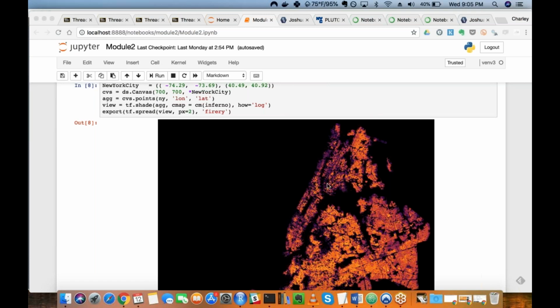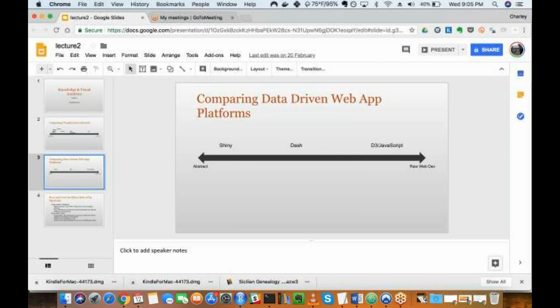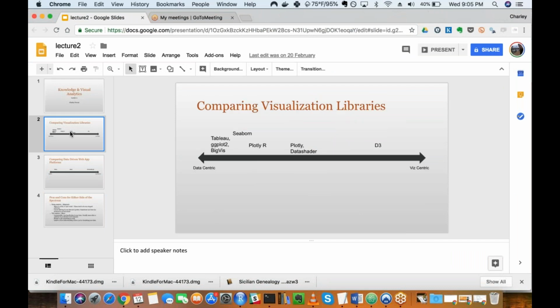Cool. So the last thing I wanted to go through is a way of comparing visualization libraries that I found pretty useful, and it speaks to the pros and cons of these different libraries and how they fit into an overall business intelligence pipeline.